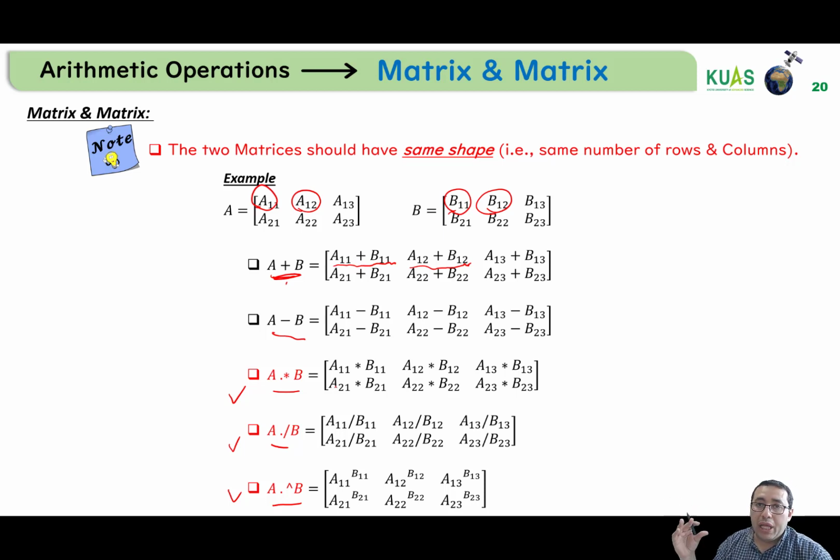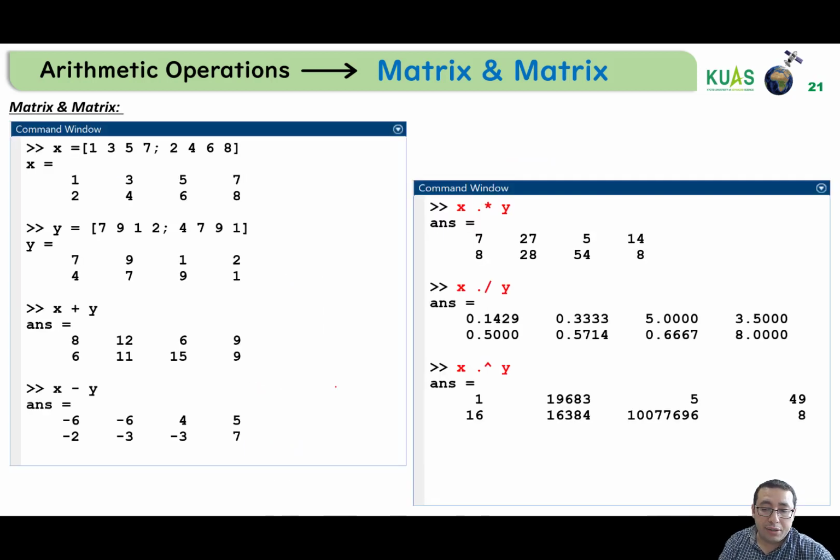So to do an element by element operation, let's consider the example. For example, if we define x as 2 rows and 4 columns, and y as 2 rows and 4 columns, they have the same shape, same size, same dimension. And we say x plus y, so the first element here plus the first element here, 1 plus 7, will give 8.